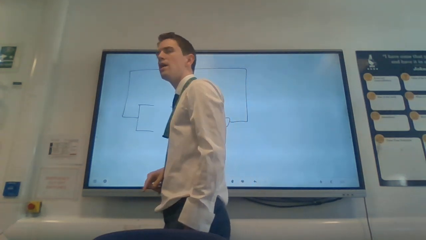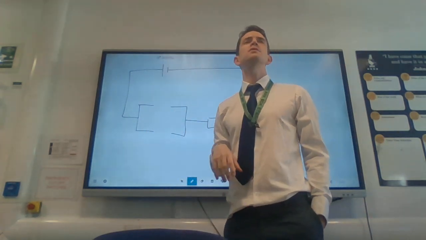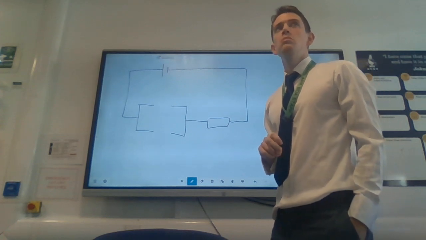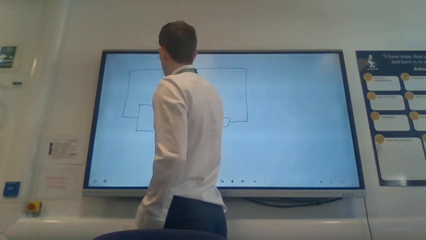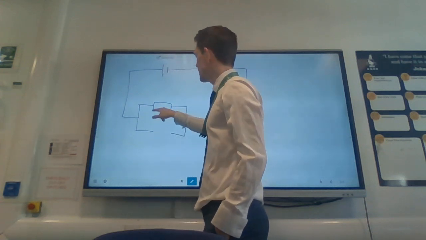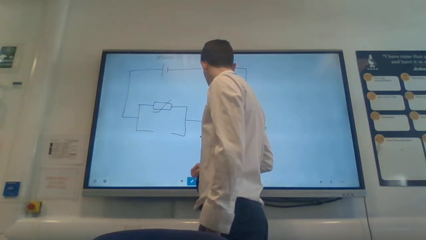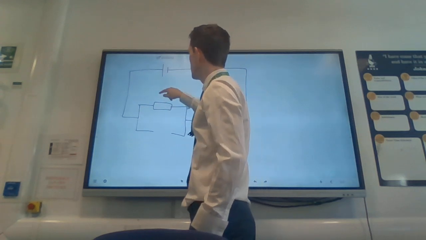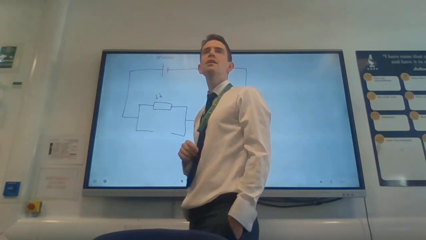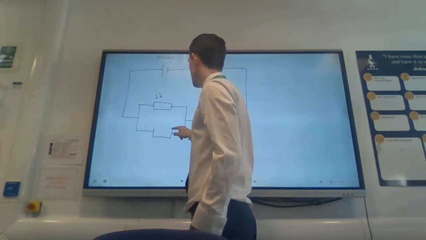Other than a thermistor, what else is there that could be used in a light sensing circuit? Yeah, we could have an LDR. So it's going to have this shape, and then either this for thermistor, or this for LDR. Yeah. Okay.